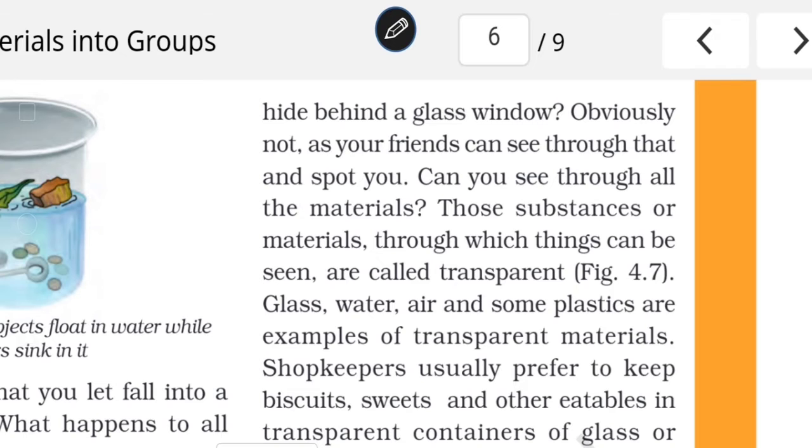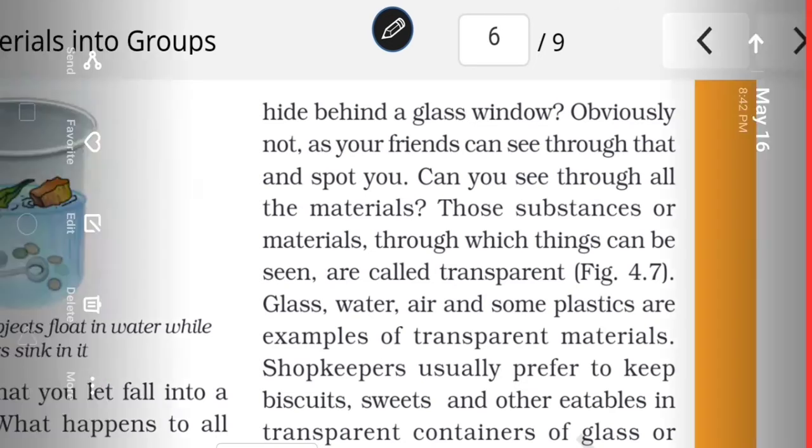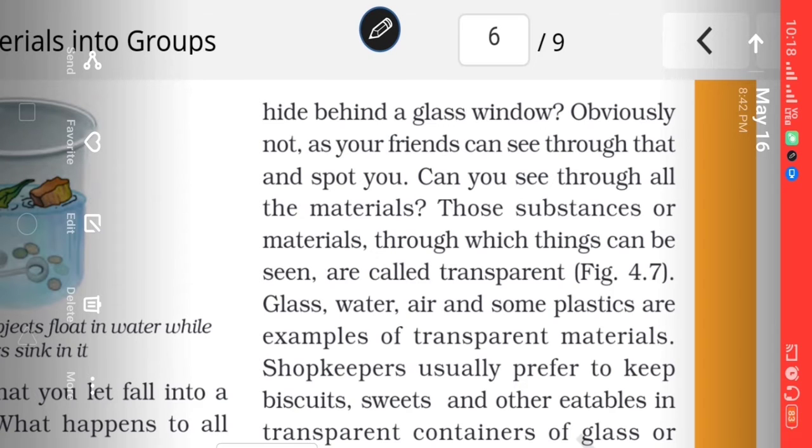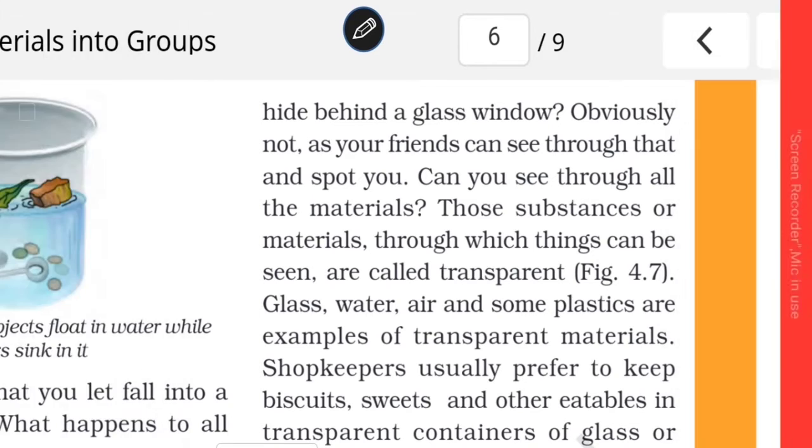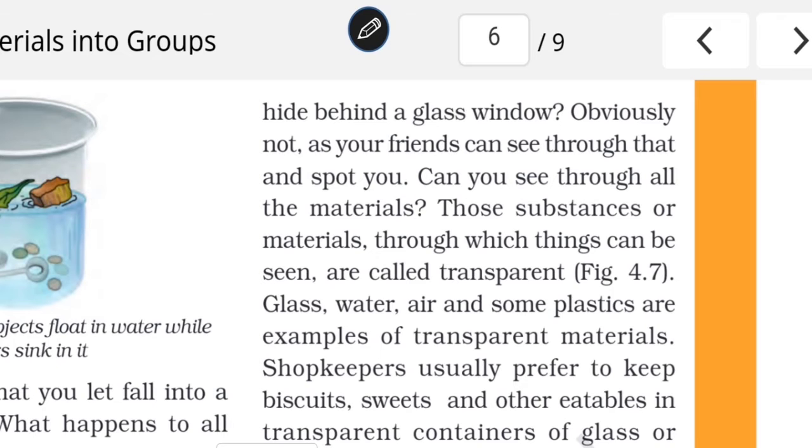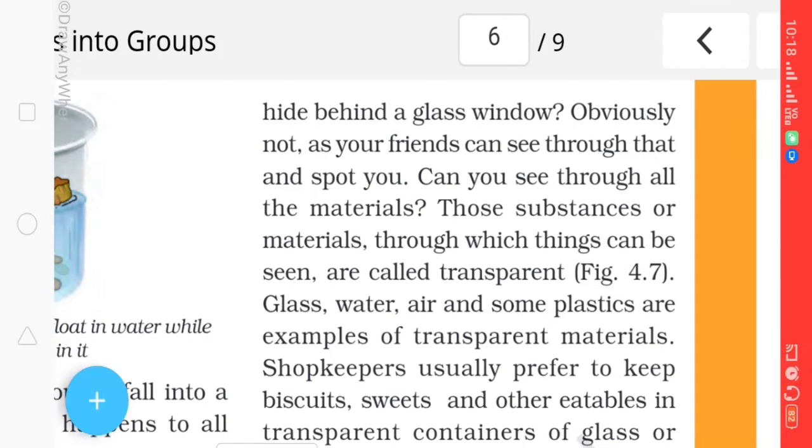In which type of place do you hide? Do you hide behind a glass? No, we never hide behind a glass. Why? Because our friends will be able to see us. There is no meaning of hiding behind a glass, because everyone can see through. Yes, so that's the reason.